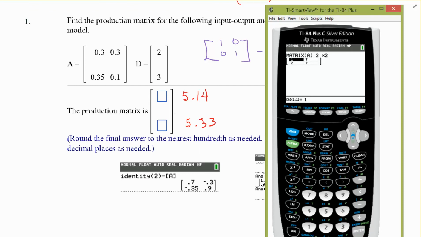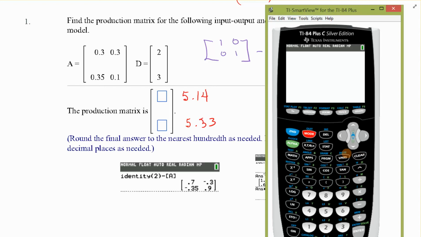And so we've got 0.3, 0.3, 0.35, 0.1, and that looks right, so we'll second quit. We'll go back in and put D. So we'll go to B to edit that, and this is a 2 by 1, which we already have. We want to put 2 and 3. All right. So second quit.